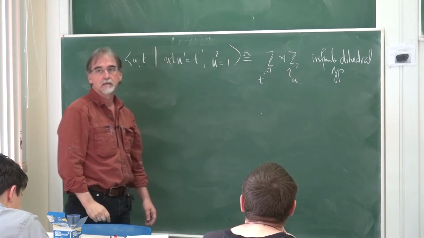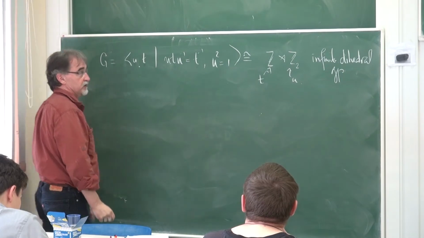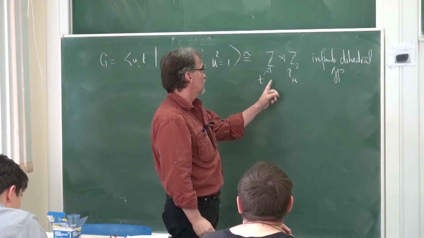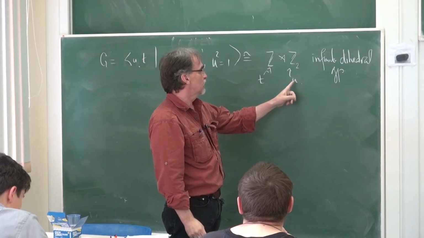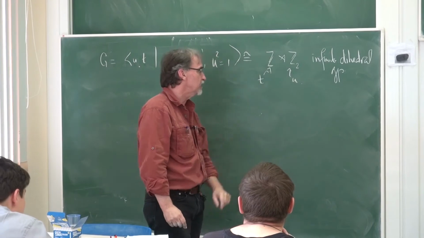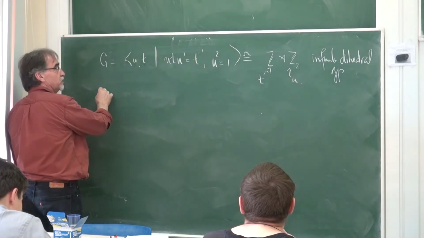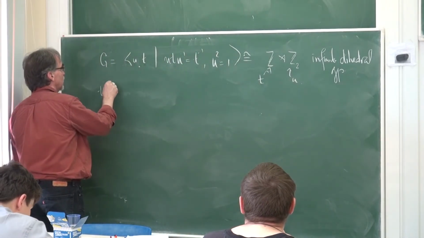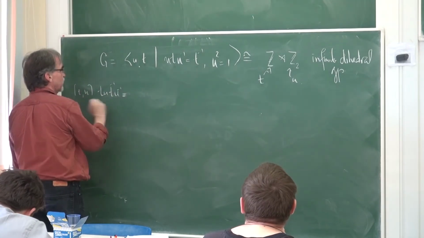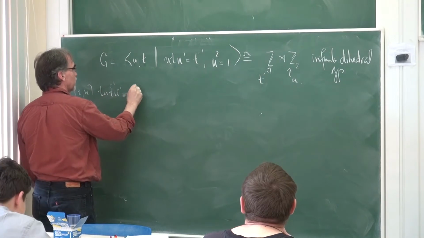Now, if I take the commutators in there, of course U commutes with itself and T commutes with itself, so I just have to worry about the commutator of U and T. If I do T U T inverse U inverse, the commutator of T and U, I get T squared.